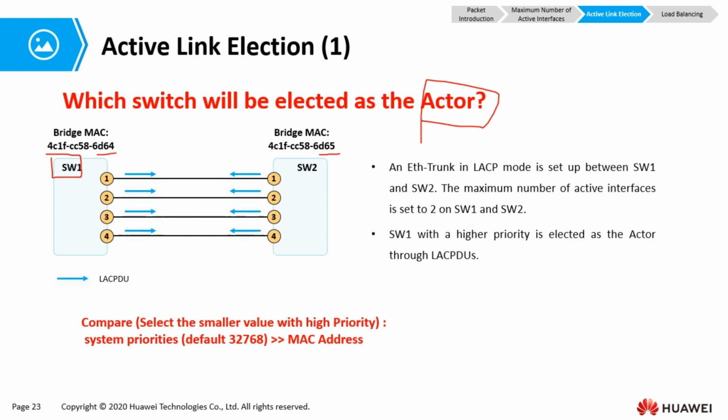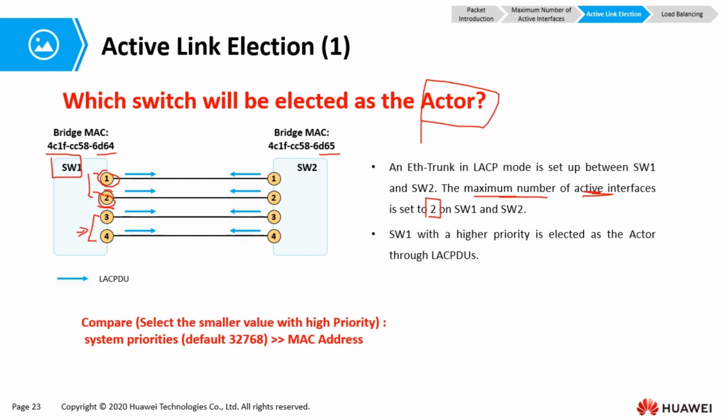And let's say here they give the scenario that the maximum active interface is set to 2. So how do you determine which will be active? It is based on your interface number. So here, X1 and X2 will become the active ones, and 3 and 4 will become the inactive ones.